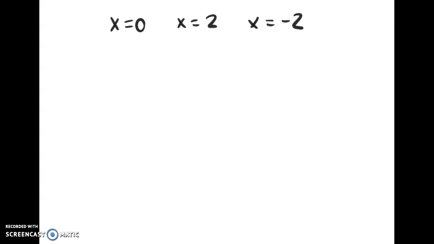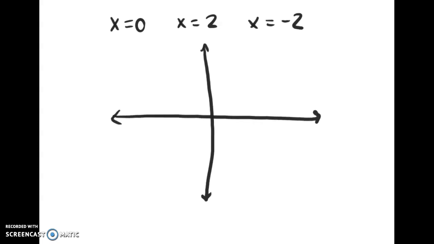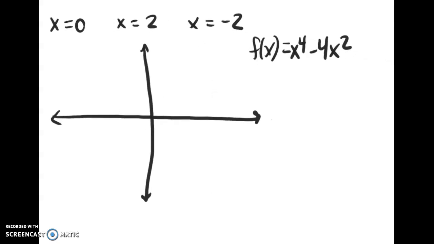And so when I look at the graph of the function, I already know that both as you go far to the left and as you go far to the right, I will have this end behavior.